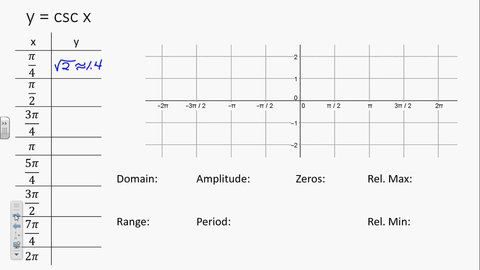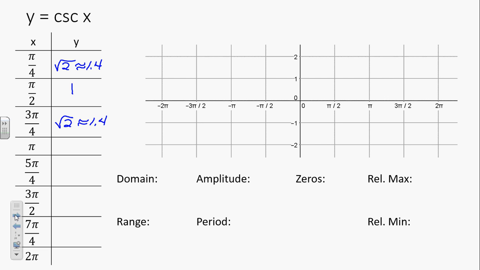Now the sine of pi over 2 was 1, so when we flip that, we're going to get 1. The cosecant of 3 pi over 4, still in the second quadrant, we're still going to get 1.4, square root of 2, right?